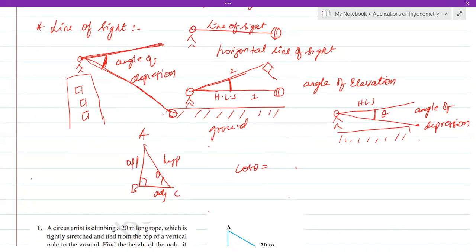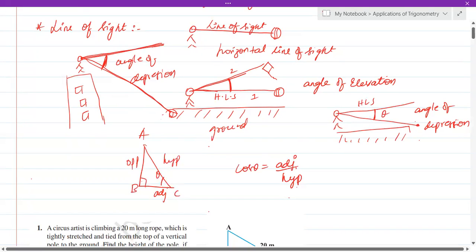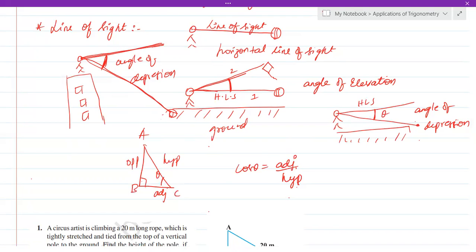Because what is cos theta defined as? Cos theta is defined as adjacent by hypotenuse, isn't it? So if you know adjacent and you don't know hypotenuse, then you have to use cos theta. The vice versa also. If you know the hypotenuse value but you don't know the adjacent value, then also you can use cos theta, okay.